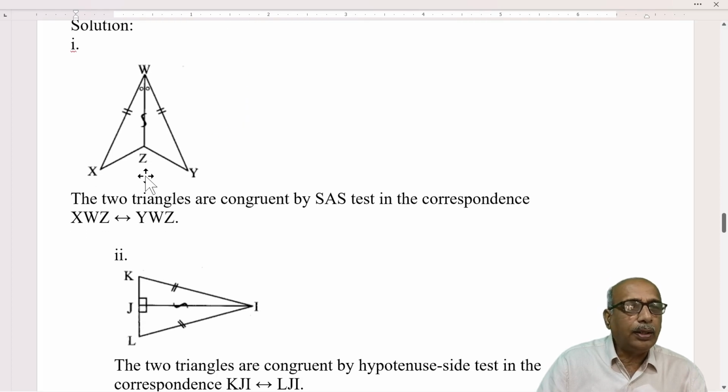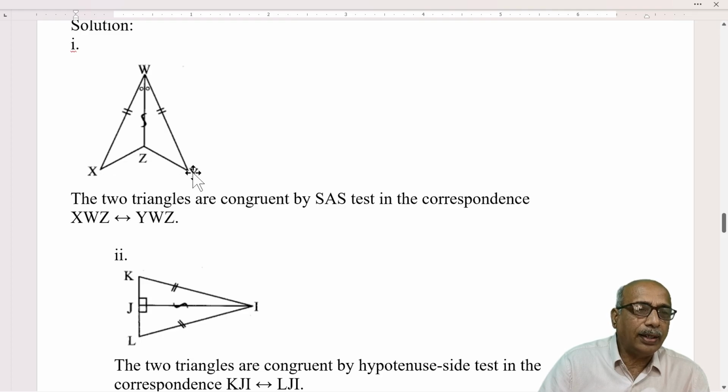Here you see the first figure, two triangles are here. Triangle XWZ and triangle YWZ. I have taken one-to-one correspondence only.